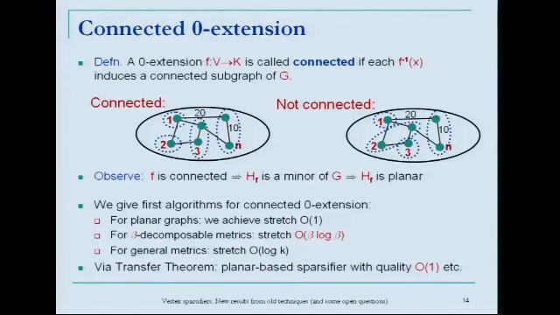This is actually the formulation of how we get this constant. We also do it for general metrics with stretch log k. For general metrics, it means I don't assume it's planar, but I know that this H sub F is going to be a minor of G. Whatever G you give me, I'm always going to be using only minors. I'm not going to use a completely crazy graph H.